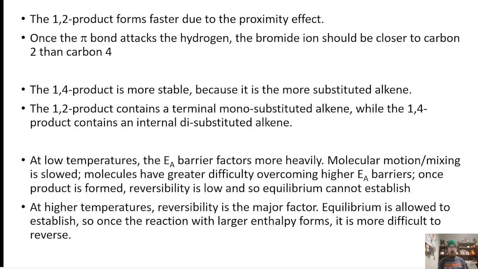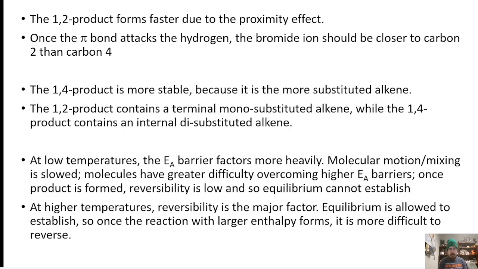So as I said, the 1,2 product forms faster due to a proximity effect. Once the pi bond attacks the hydrogen, the bromide ion should be closer to the second carbon than the fourth. 1,4 is more stable because of the substituted alkene. At low temperatures, the activation energy barrier factors more heavily.